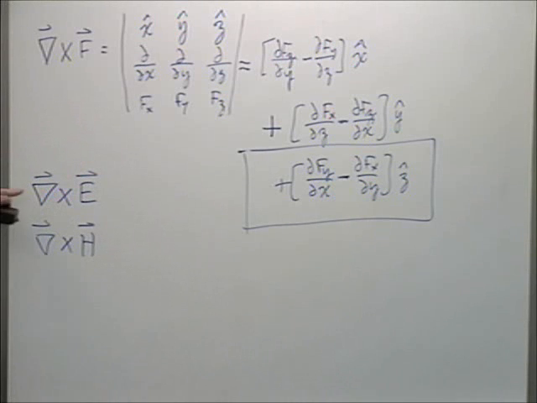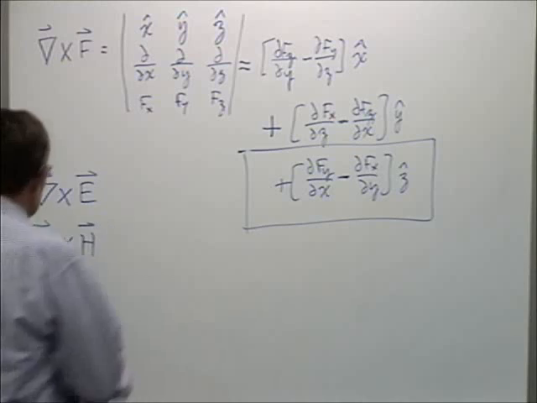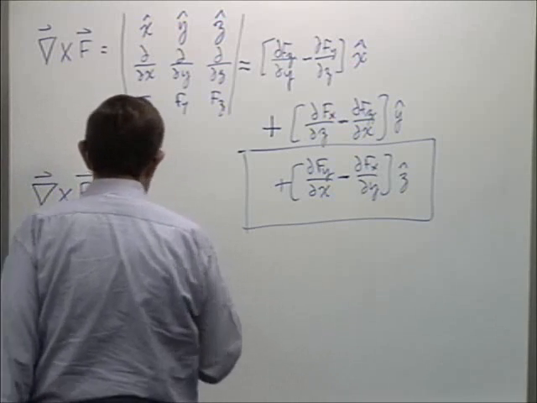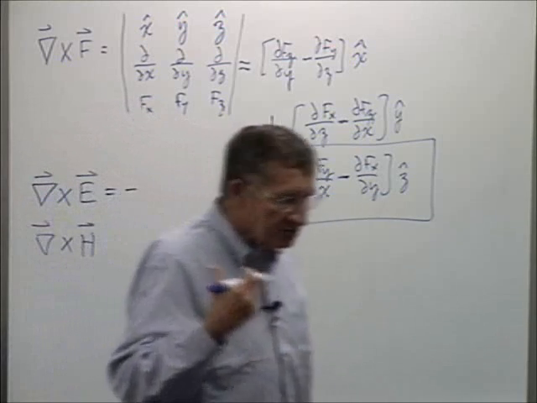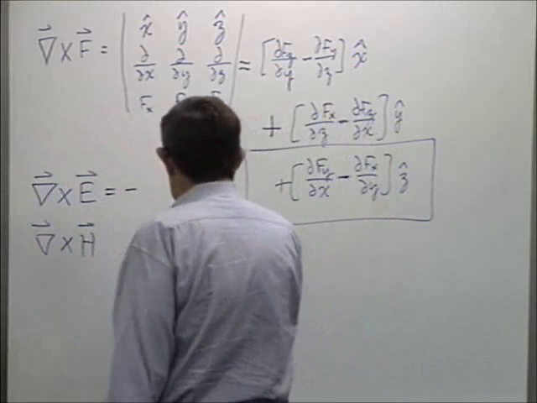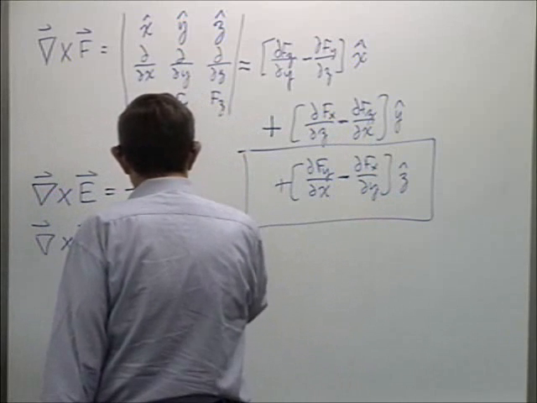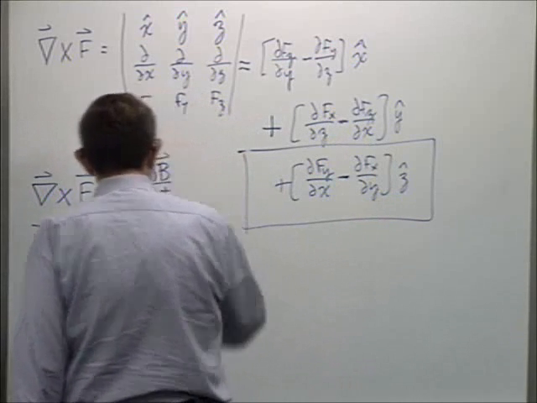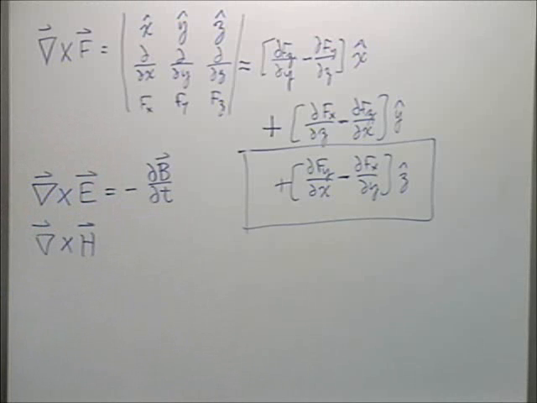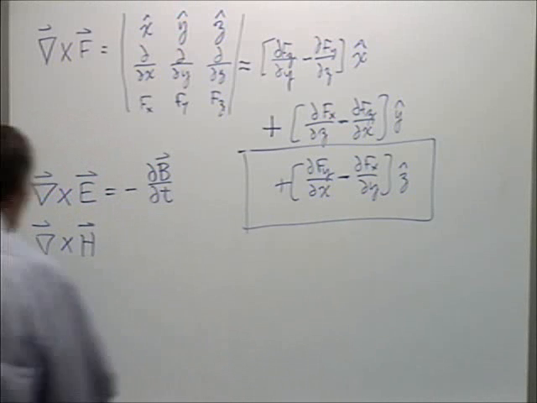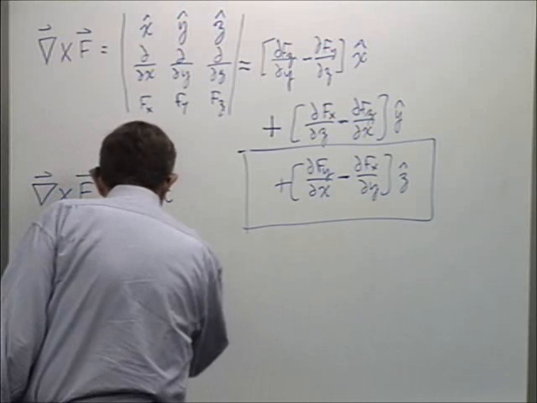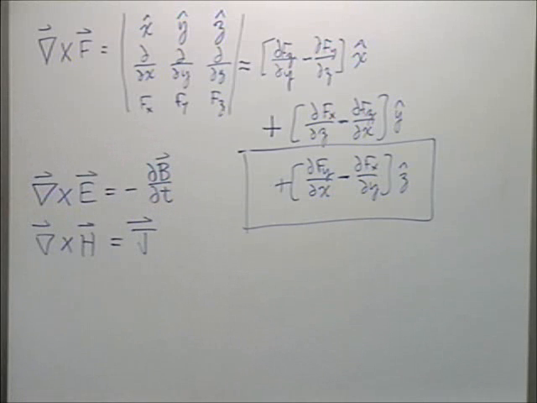If you apply it to the E field, it turns out we're still in magnetostatics, but moving into time-varying fields, it turns out that it's a B field, and you'll learn how to relate B to H. In this case, it relates to the current. So it really relates to the enclosed current.